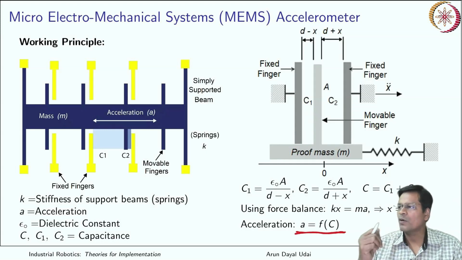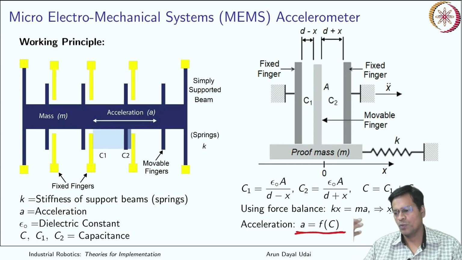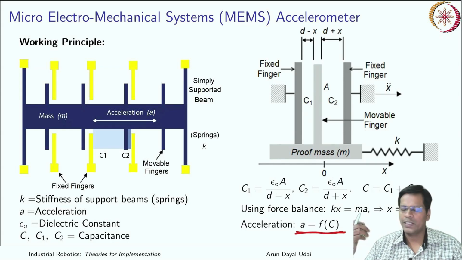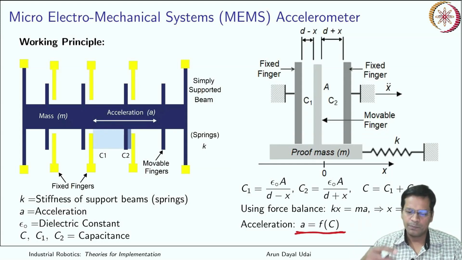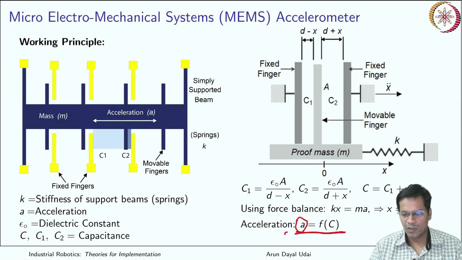So there is a circuit which can detect change in capacitance, right? You may just allow an AC current to flow through a capacitor and try and measure the impedance. If impedance is changing, that will change the current which is flowing through it. If you have some pickup which can measure current, you can back-calculate how much my acceleration was, right? Because acceleration is now a function of C after doing all this exercise. So yes, this is how acceleration can be estimated.